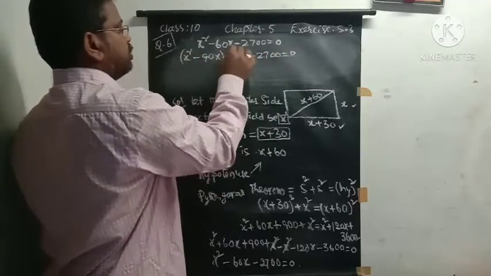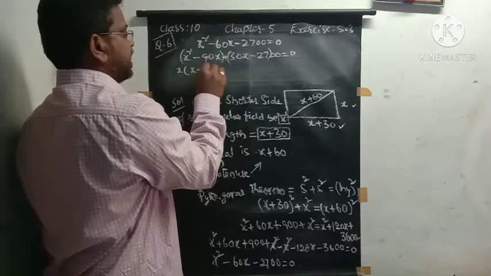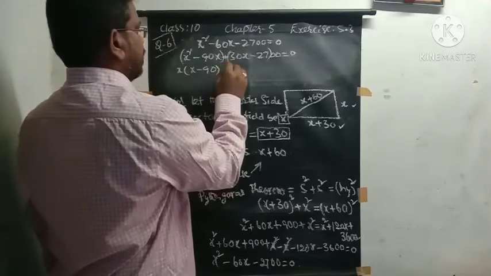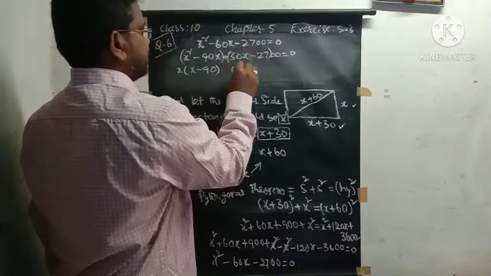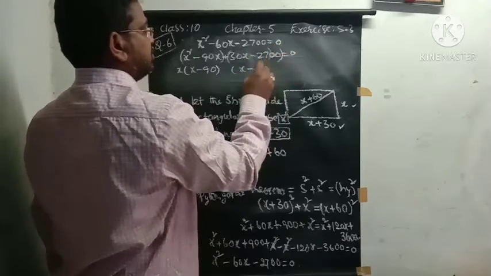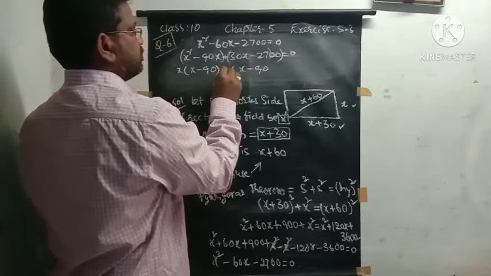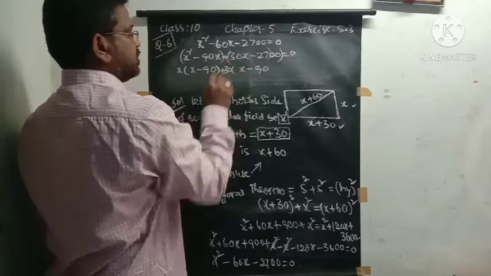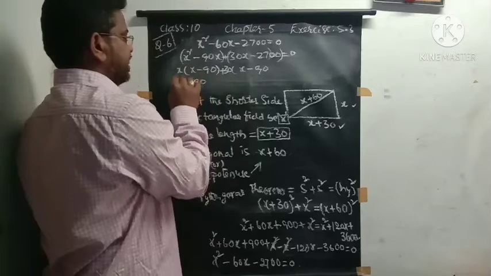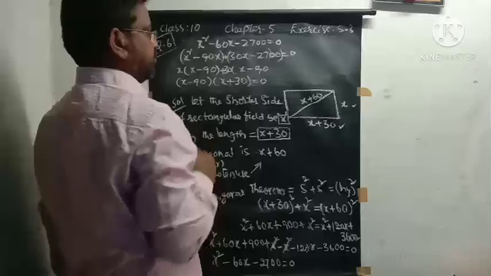Okay, make groups. So if we take x as a common, x minus 90, here also x minus 90, plus 30. So x minus 90, if you take common, x minus 90 into x plus 30, that is equal to 0.